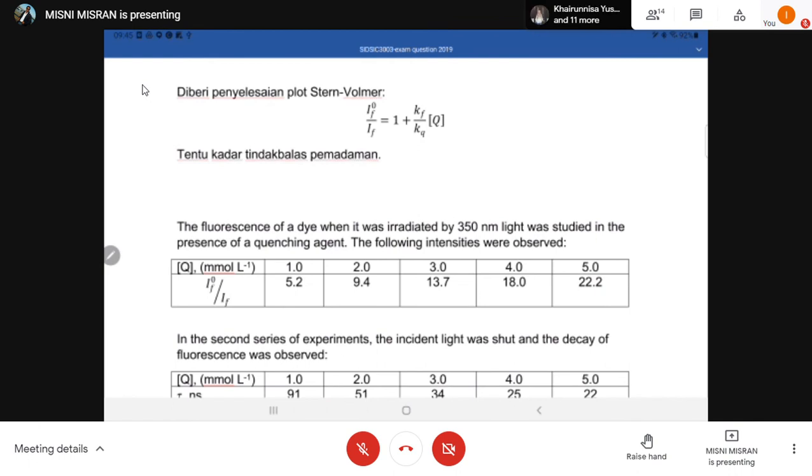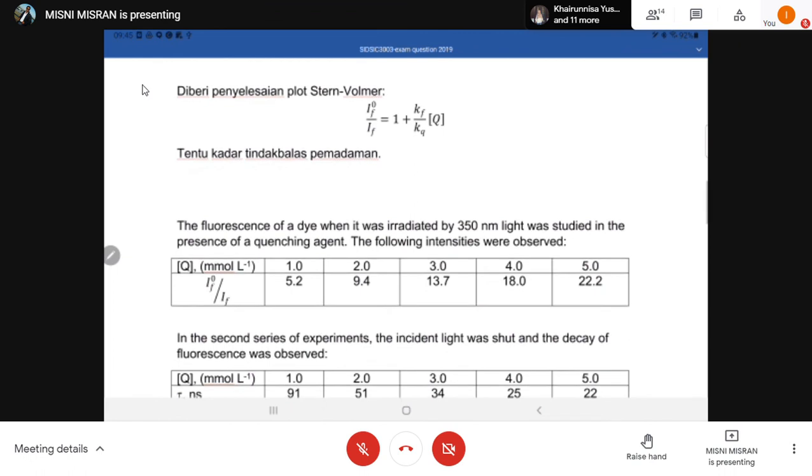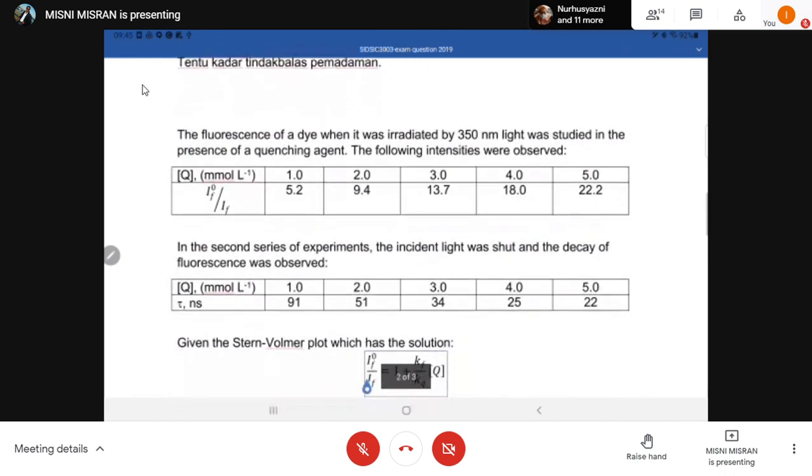Anyway, quickly, this part here. So the frozen dye, when it was irradiated, you can try this at home.